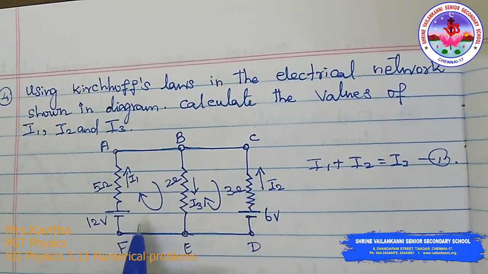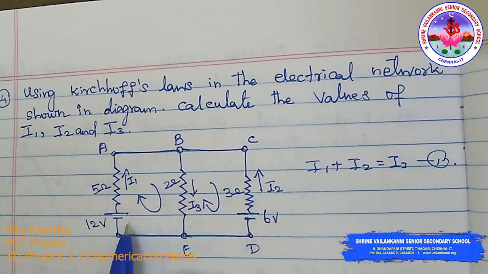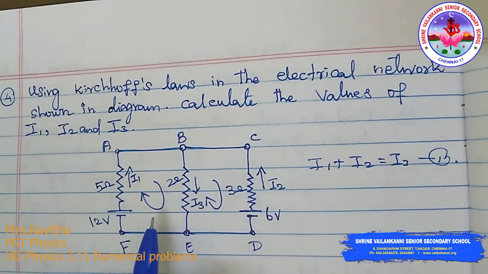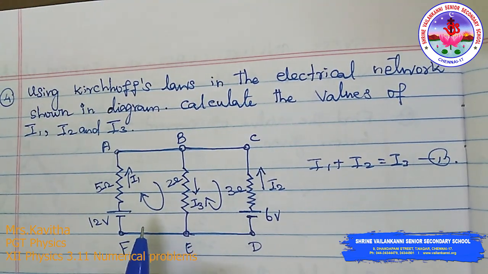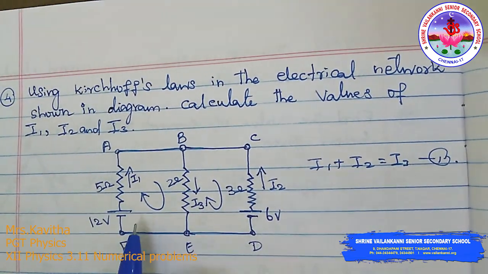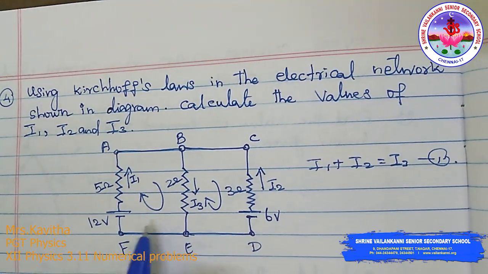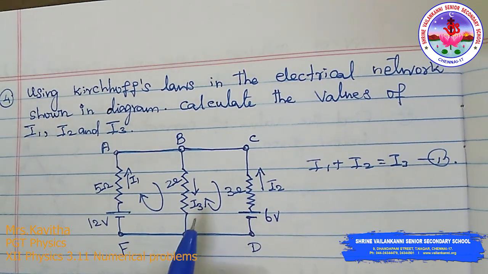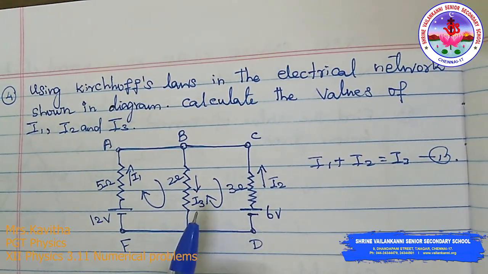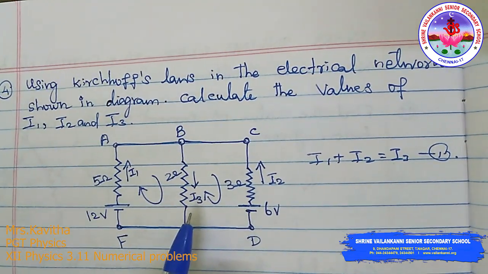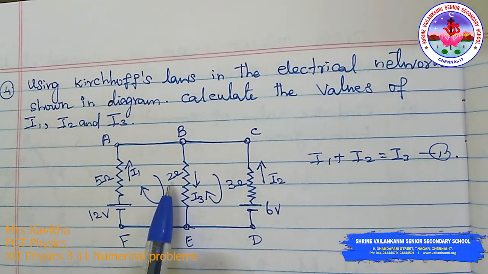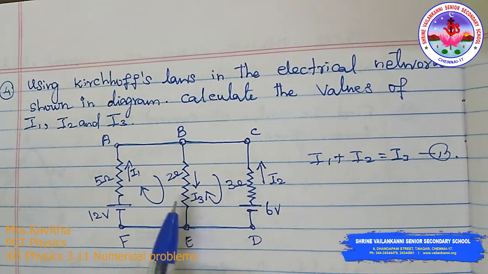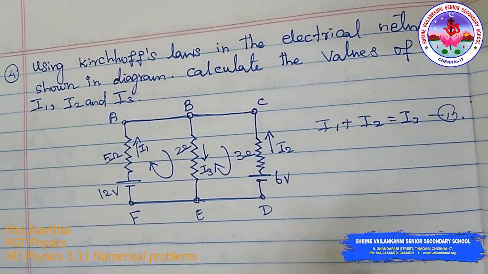The EMF of the cell is taken as positive if the direction of traversal is from negative to positive, otherwise negative. And for IR, if the resistor is traversed in the same direction as the assumed current, it is positive, or else negative. By applying that law we can get the two equations.